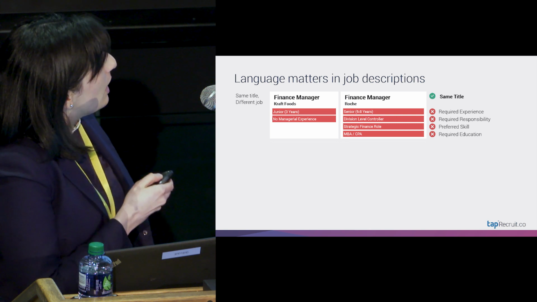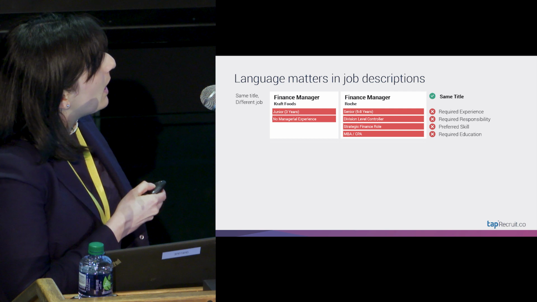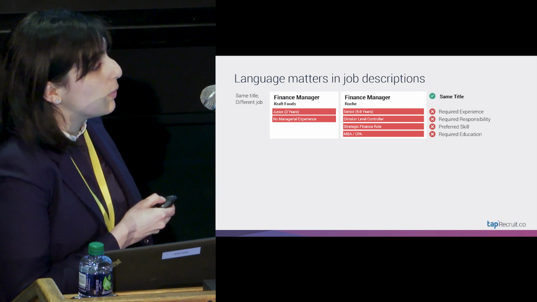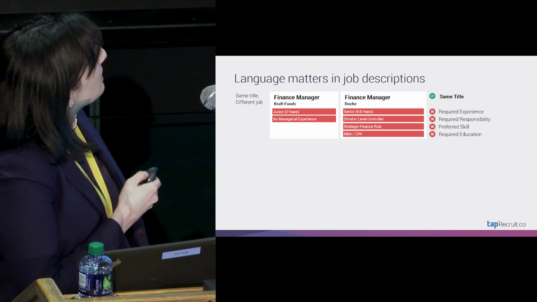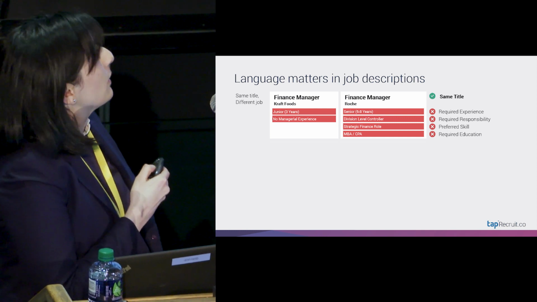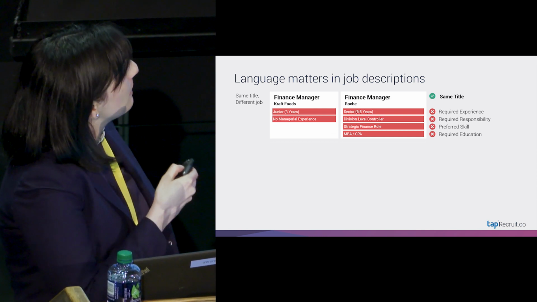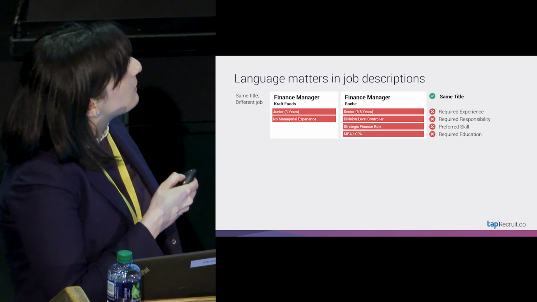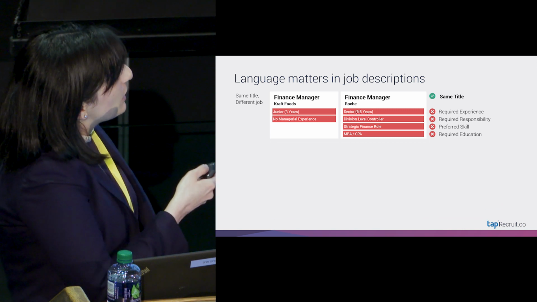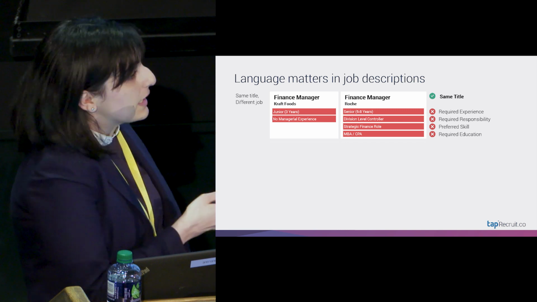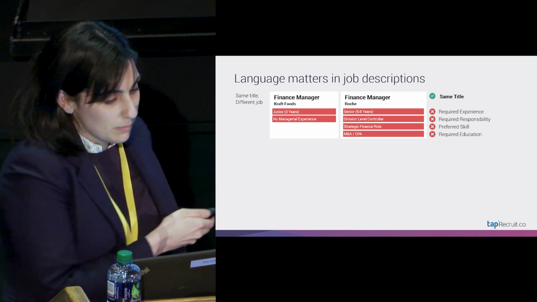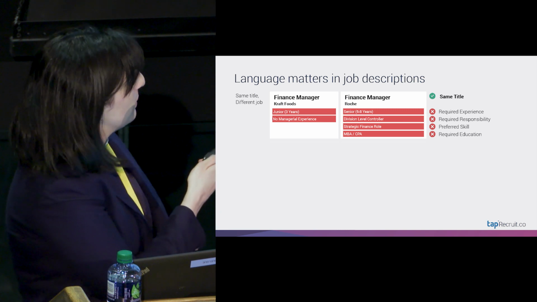And when you look at these jobs and you break down the skills and the requirements, what you find is that these are actually quite different jobs. A finance manager at a sort of consumer packaged goods, CPG, company is very different to one which is obviously something more of a finance skill rather than someone who is much more in a sort of more junior role.